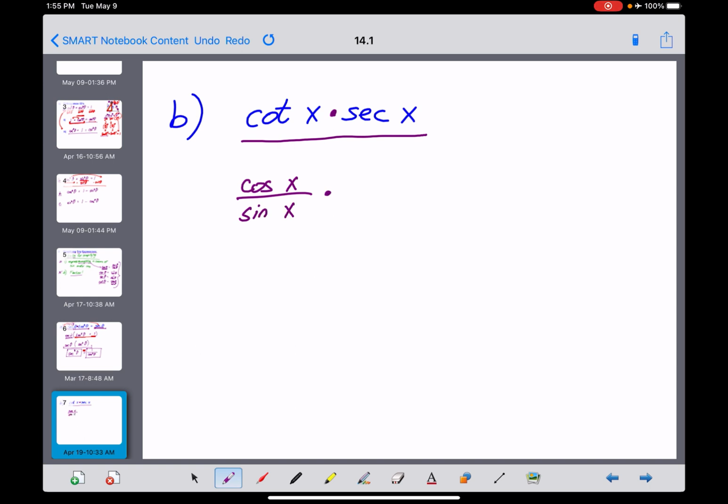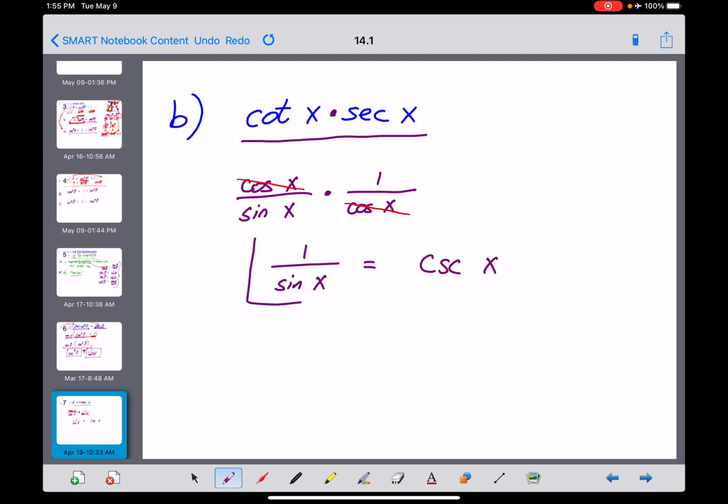And then we're going to multiply that by secant of x, and secant is the reciprocal of, or 1 over, the cosine of the same angle. And now what do we notice? Oh, we're multiplying two fractions together, and the cosine of x is in the numerator of the first fraction and the denominator of the second. They cancel each other out, just leaving us with 1 over sine of x. And that right there, guys, is the definition of the cosecant of x.